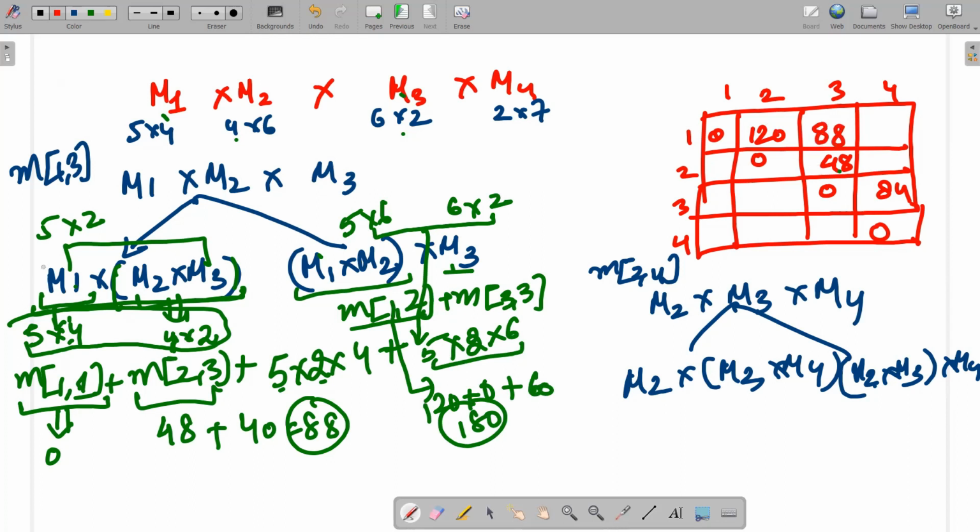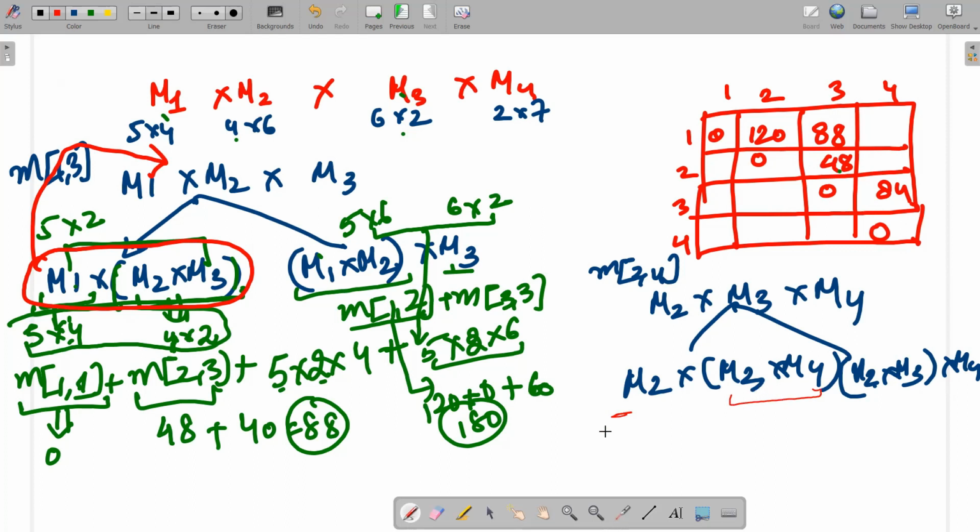So it means that this is a chain which I have to choose for M1 multiplied with M2 multiplied with M3. So guys, a similar kind of thing we have to calculate for M2, M3, M4. Firstly, you just check the M3, M4 result.